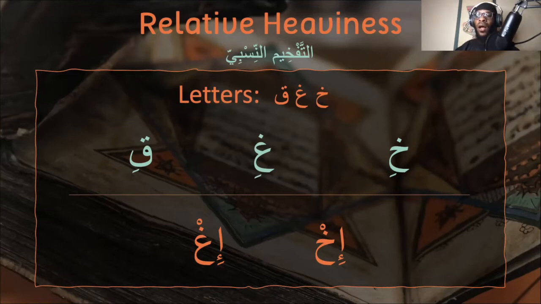And then it's qa, qi, qu, instead of qa, qui, qu. That is incorrect. Qa, qi, qu. That's correct. All right. So we're going to say khi, ghi, qi.